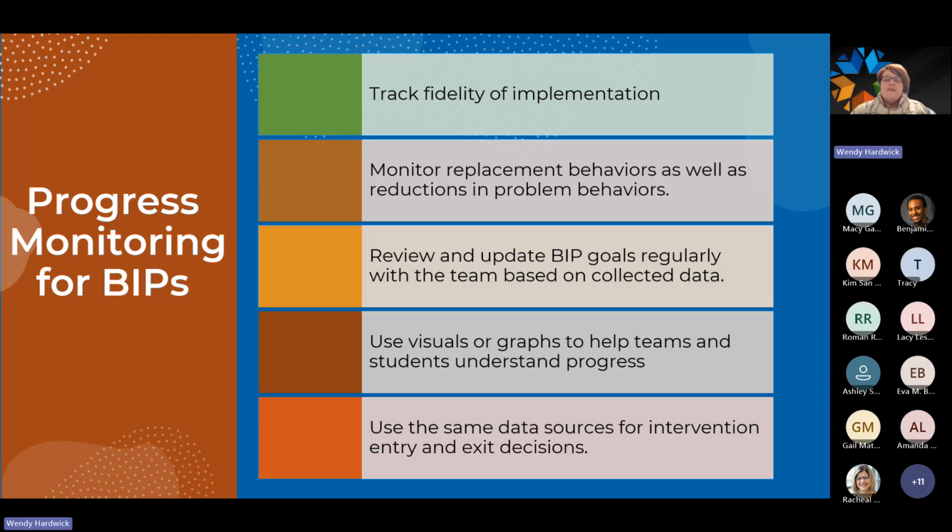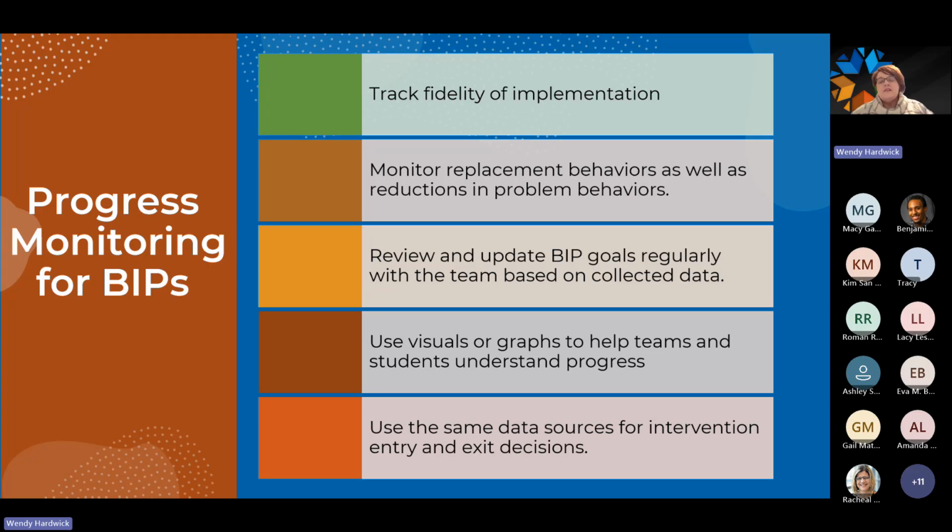We also need to have made the decision, when can we fade that support? When are we going to say, all right, that student might not need as intensive supports anymore? And that should be the same criteria. So if we use the number of ODRs to trigger the support, we'll use the number of ODRs to fade the support.